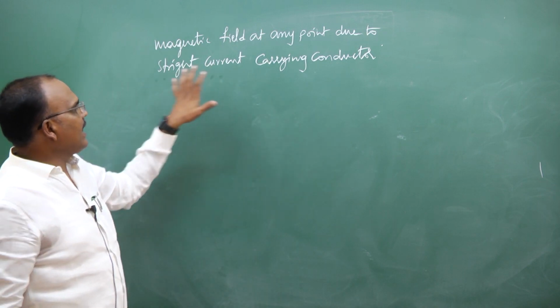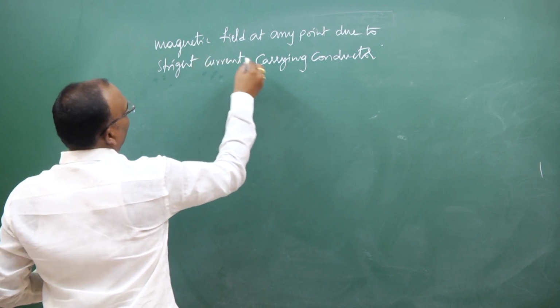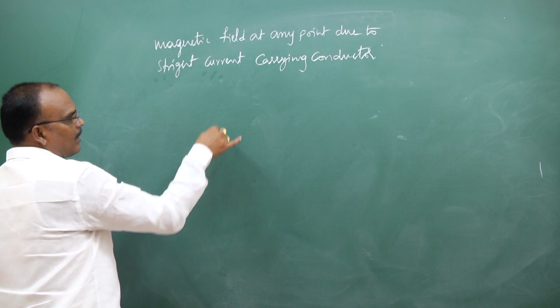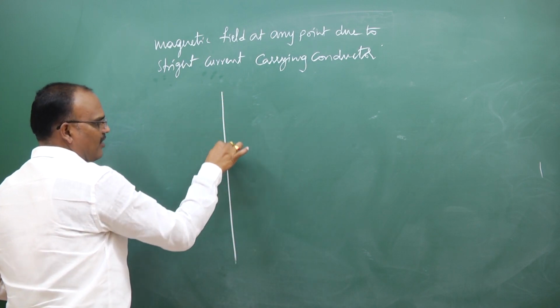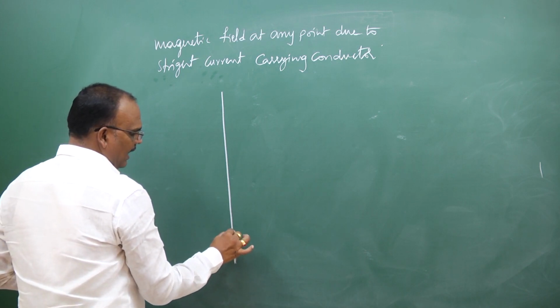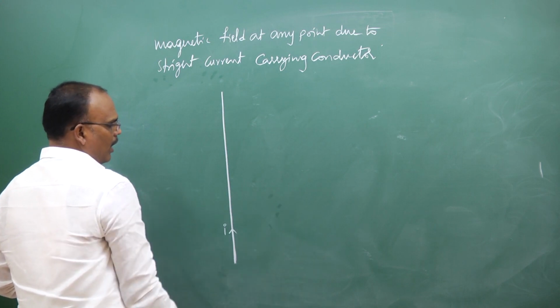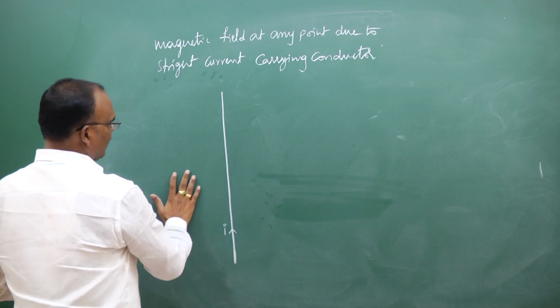A straight current carrying conductor means it is of finite length. That means I know where it begins and where it ends. This is one straight conductor. This straight conductor is carrying current in this direction. Then the magnetic field will be into the board on this side, and it will come out on this side, outside.